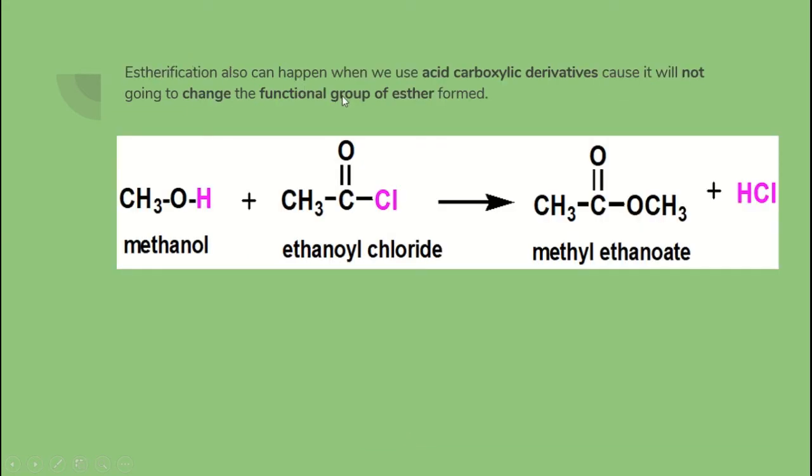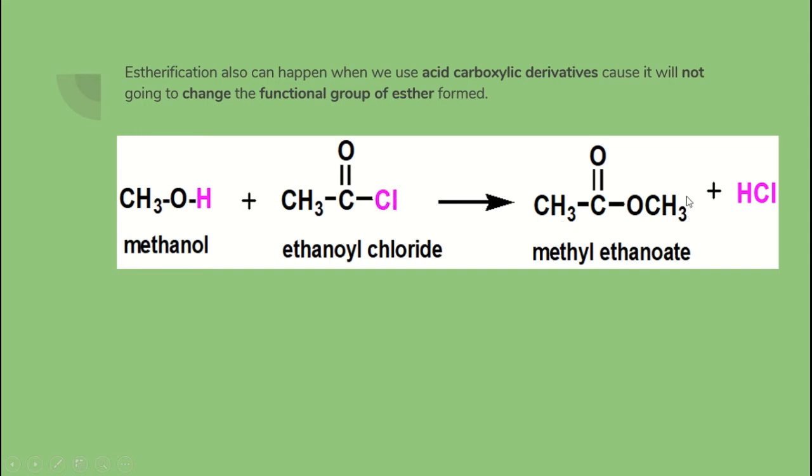Esterification can also happen when we use carboxylic acid derivatives because it will not change the functional group of the ester that will be formed. Basically this is the same thing we learned on the previous slide, but the only difference is at the carboxylic acid, where the hydroxyl group is replaced by chlorine.